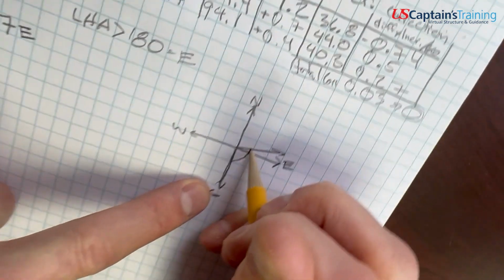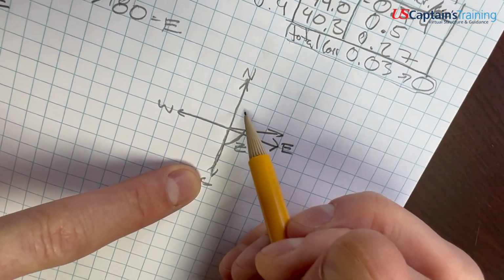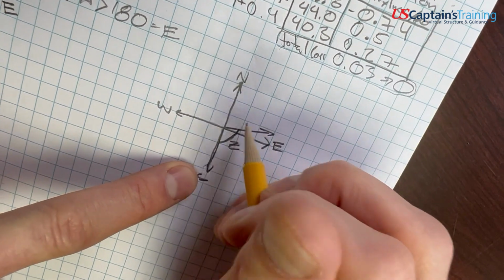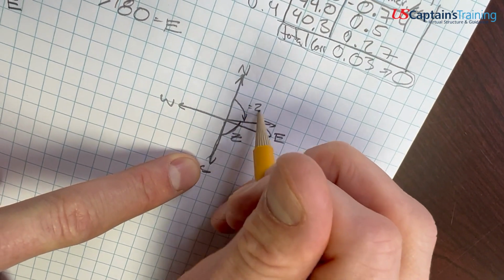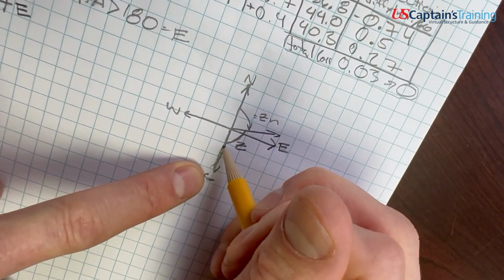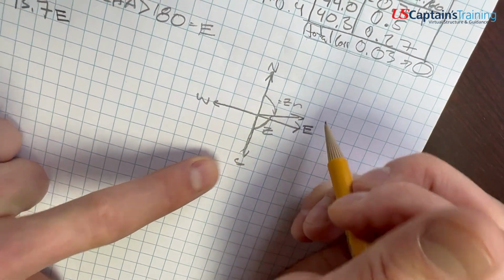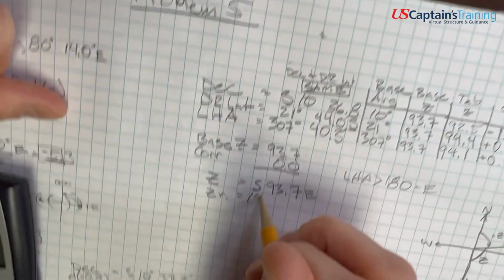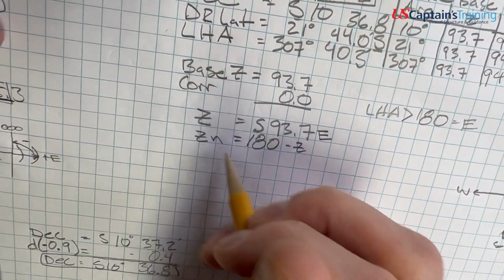So here is our Z. And now we need to say Zn is this, right? This is going to equal Zn. So how do we figure this out? This is 180 minus Z will get us our Zn. So we're going to say 180 minus Z is equal to Zn.